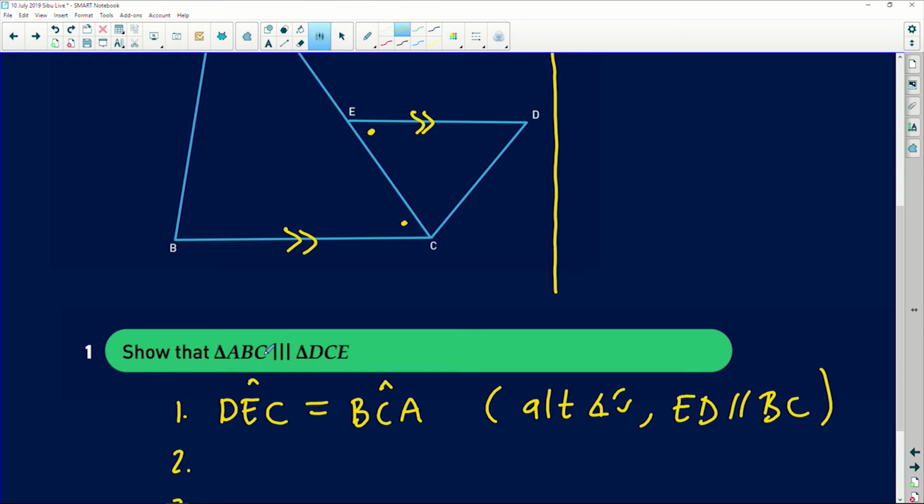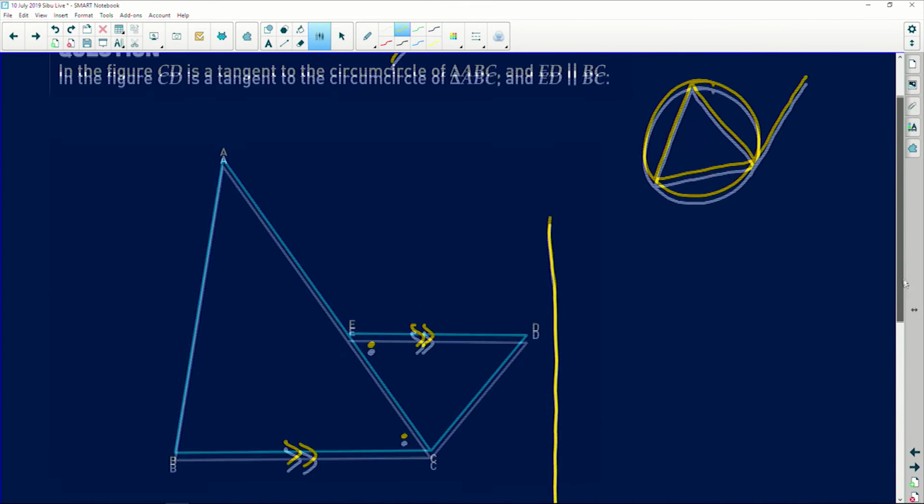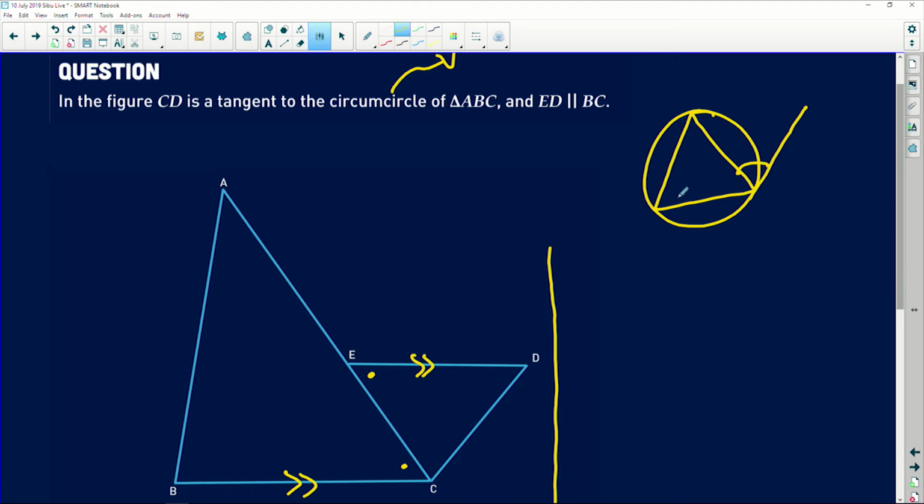Right, so I've just done the letter E and the letter C, which are the third letters of the triangles that I'm trying to prove. Now I'm going to move further on and say, if you go back to what I told you about, the angle here will simply be equal to this angle here. If I had to draw the circle, I could say this is equal to that one, applying our knowledge of the tan chord theorem, because this was apparently given to us as the tangent of that particular circumcircle.